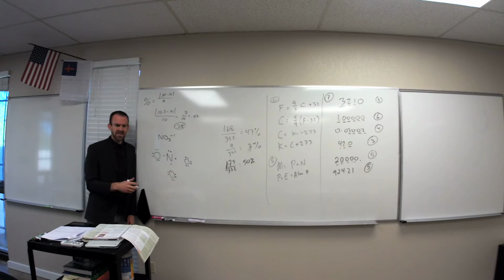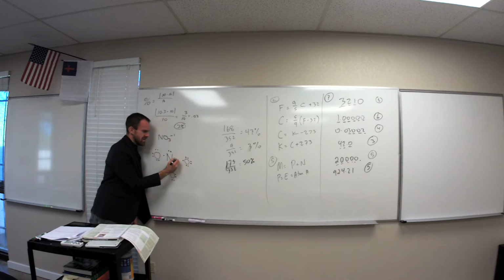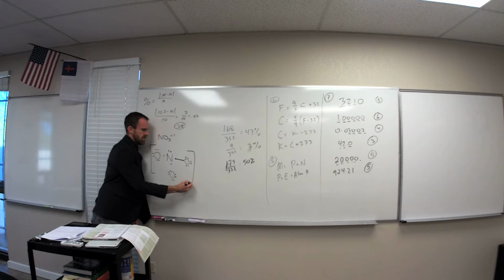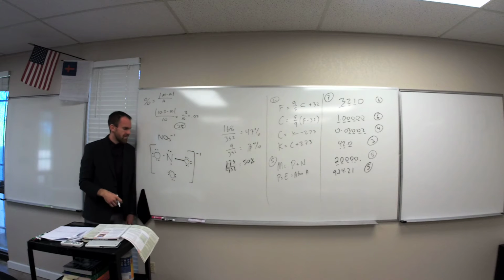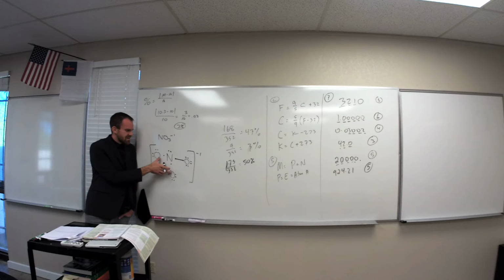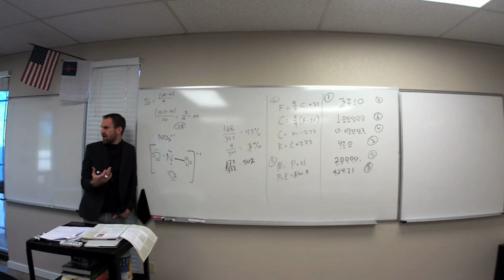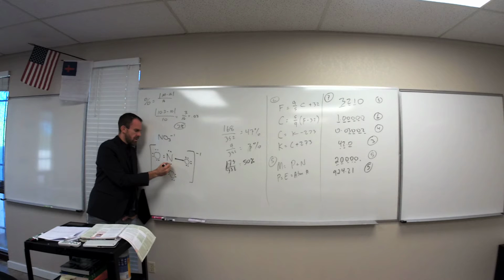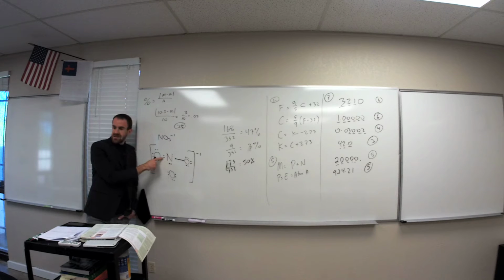So I'll throw it in there. So that's my minus 1. Now I'm stuck, right? Because these oxygens don't have a full octet. So we'll borrow from these two. And since we have 2 electrons, we can make a full bond.